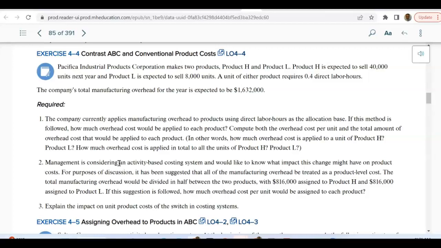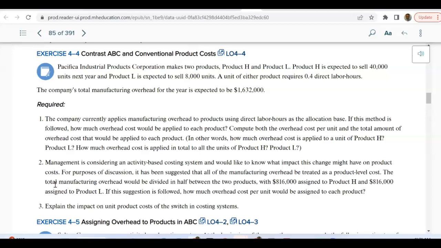Two: management is considering an activity-based costing system and would like to know what impact this change might have on product cost. For purposes of discussion, it has been suggested that all of the manufacturing overhead be treated as a product-level cost.